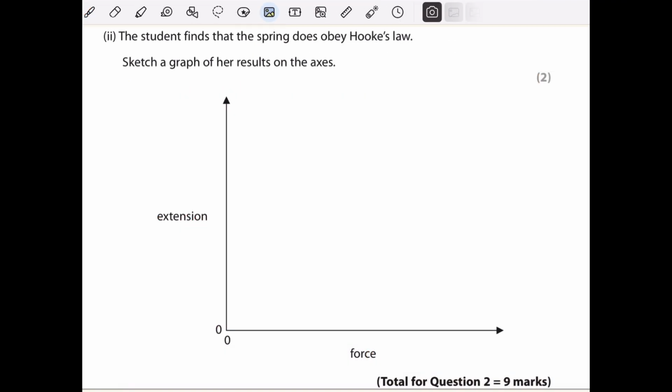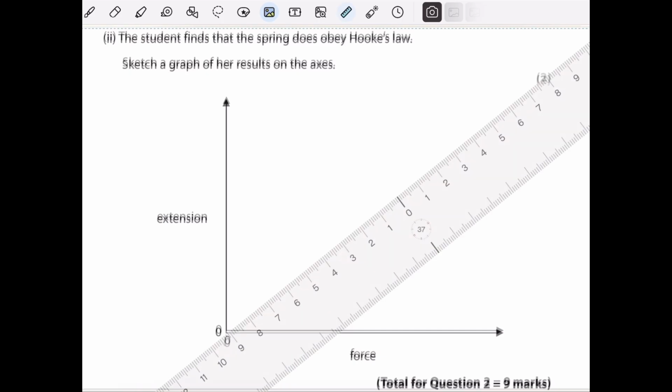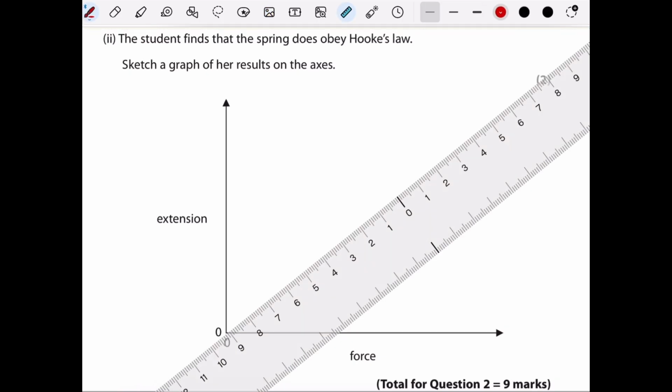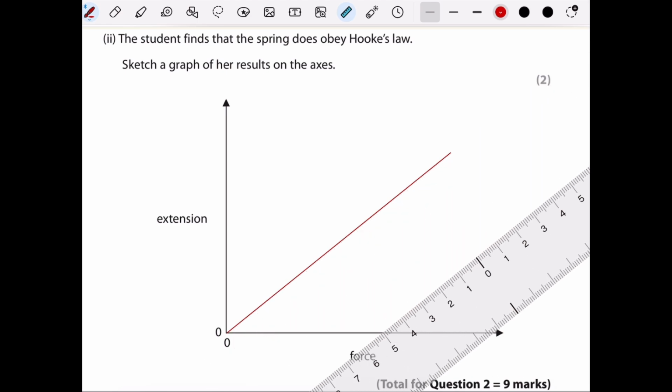Double I, the student finds that the spring does obey Hooke's law. Sketch a graph of her results on the axes. On the y-axis, we have extension, the x-axis is force. The force is directly proportional to the extension. Draw a straight line from the origin. Do not draw any curved line because the examiner said it does obey Hooke's law, the key words.